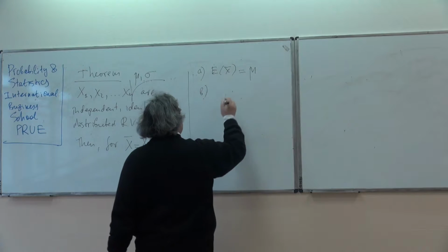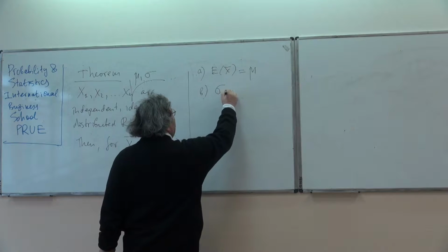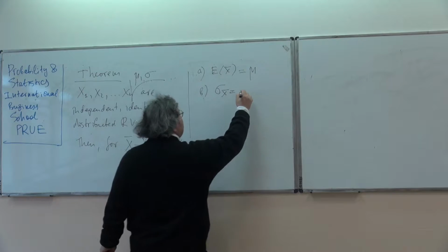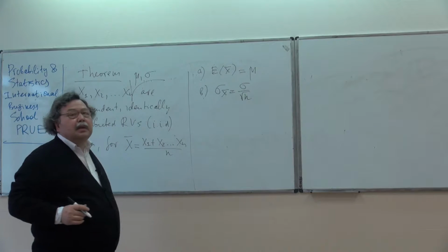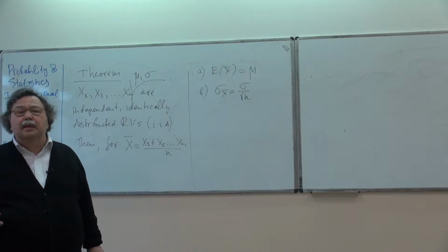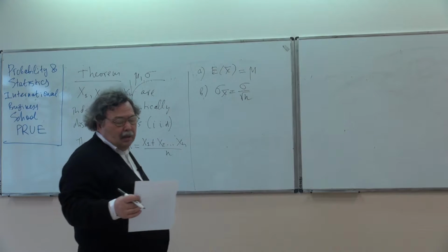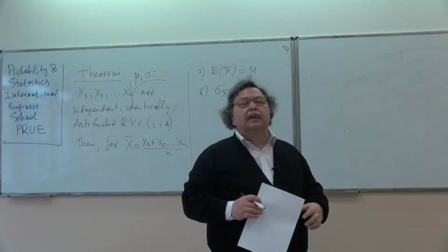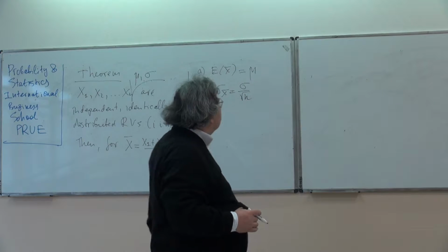The second part of this theorem is not so obvious, and it's absolutely important. It's actually the foundation of all the methods in statistics, or most of the methods in statistics.